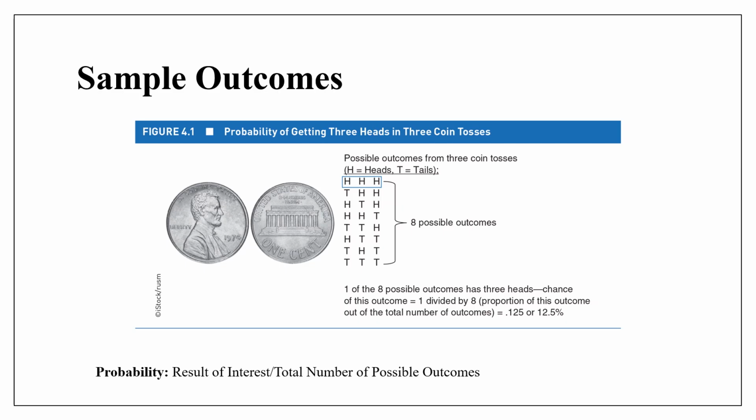You toss the coin for a second time, excuse me, and it lands on heads, and then you toss the coin again for a third time and it lands on heads. And again, we want to know what are the odds that when we do that 3 times, every single one of those times we're going to get heads as an outcome.